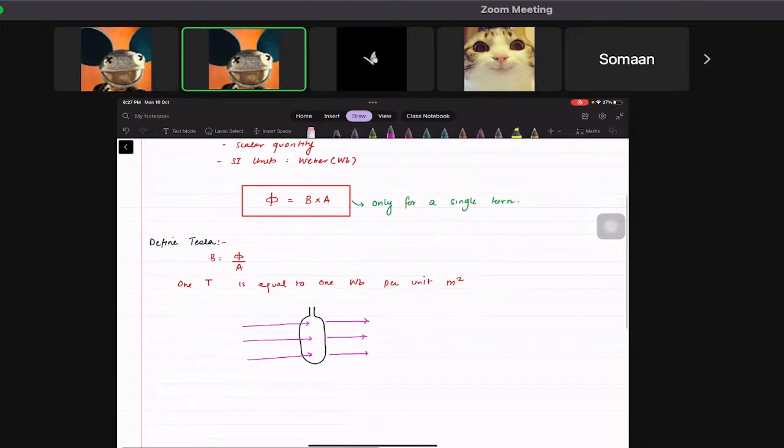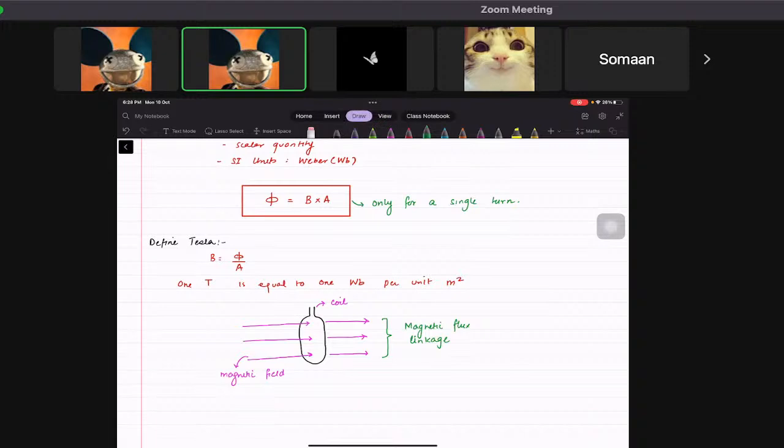This is the magnetic field, this is the coil, and this is magnetic flux linkage. Linkage means that it is being linked with the coil, it's passing through that.